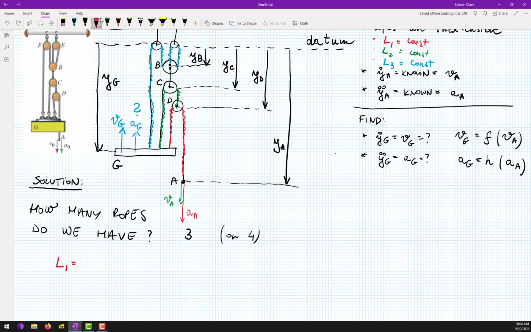I think that this part of the rope is YG minus YD, and this part of the rope is YA minus YD. Okay, anybody want to go for the green rope? How long is this distance, in other words?